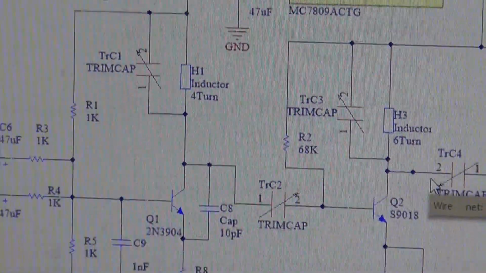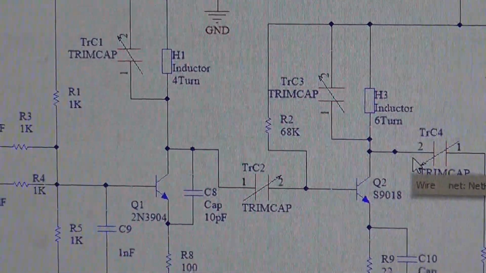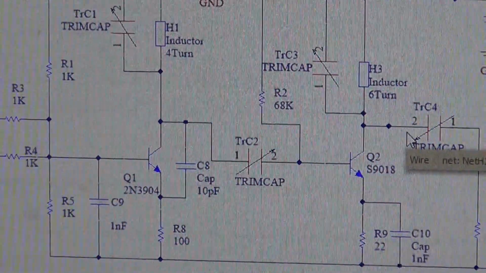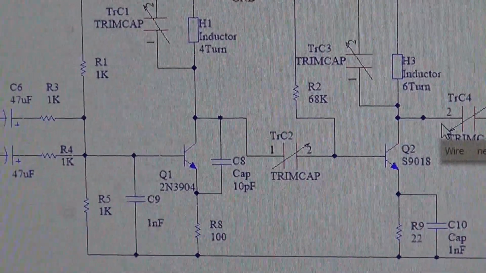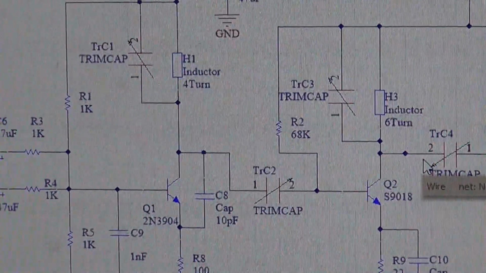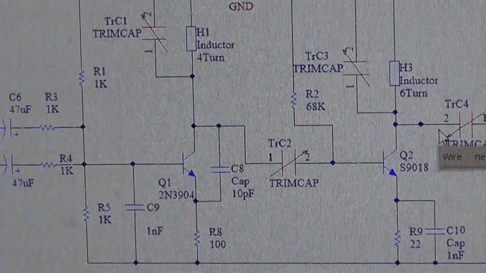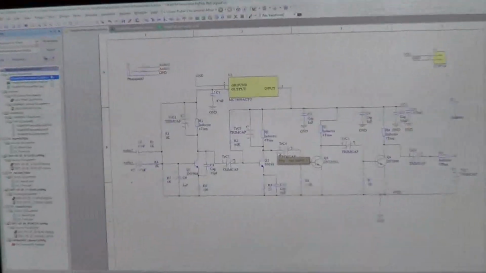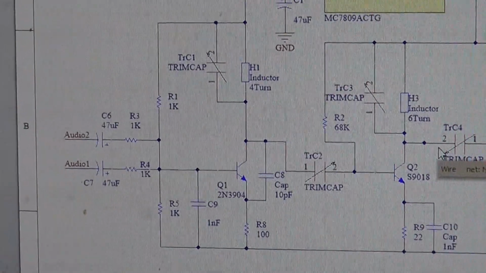To keep it oscillating, we're feeding it back through C8 and the emitter of the transistor, and C9 basically shorts it down so that it goes through the BE. But I won't go into much detail about how it works.